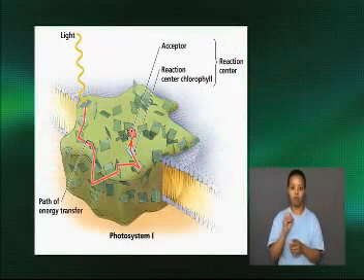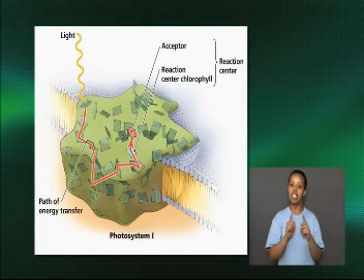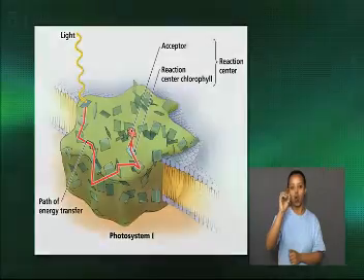Photosystems are biochemical mechanisms by which chlorophyll absorbs light energy. Photosystem and electron transport chain molecules are fixed in the membranes of the thylakoids.